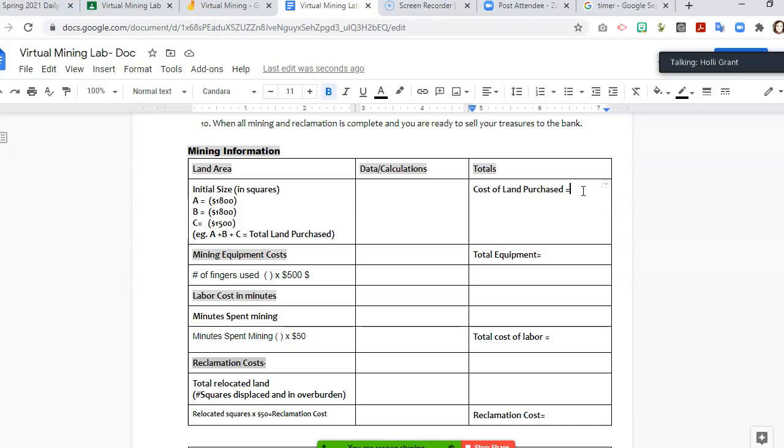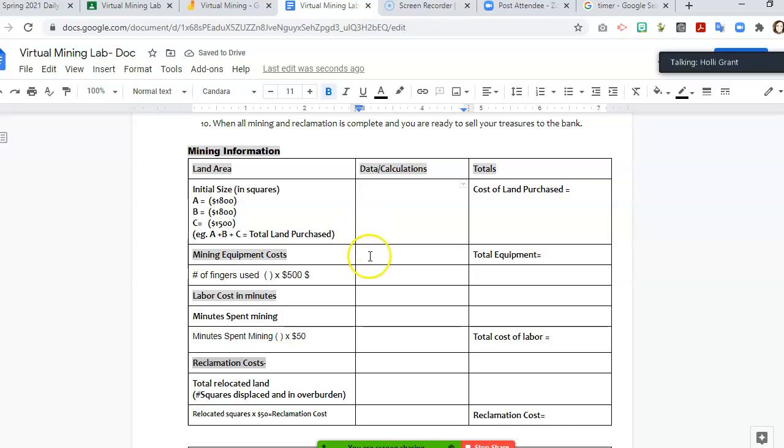So go ahead and do that for the first row. In data calculations, you would just simply put like 1,800. If you bought all 3, you would show me that you're adding all 3 together.